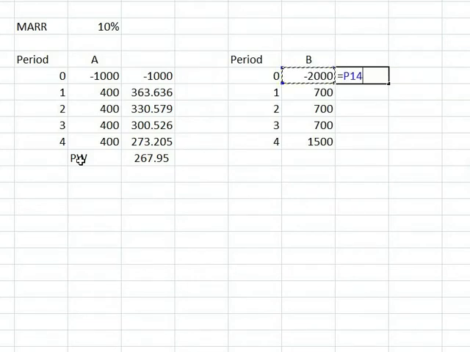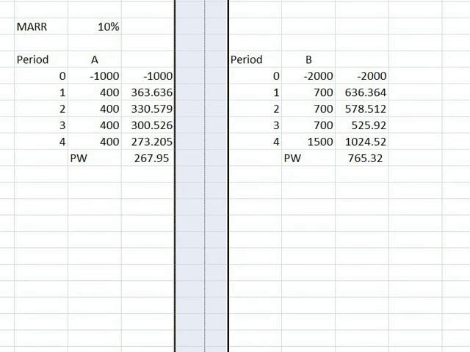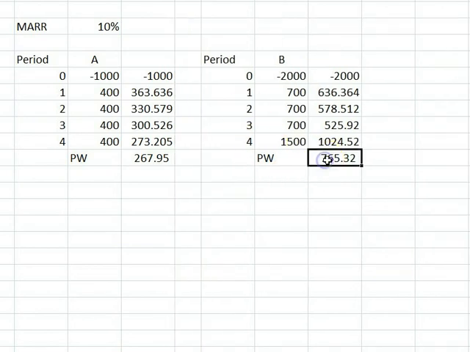Again, we take each cash flow divided by 1 plus the interest rate raised to the t. When we add each one of these cash flows, we compute the present worth, and the present worth is 765 for project B. So if projects A and B were mutually exclusive alternatives, it would be better to invest in project B, simply because our total worth would be 765 compared to $267.